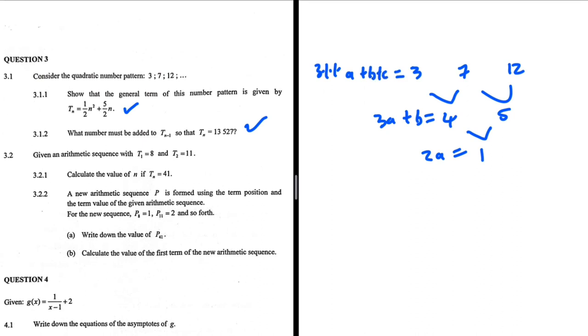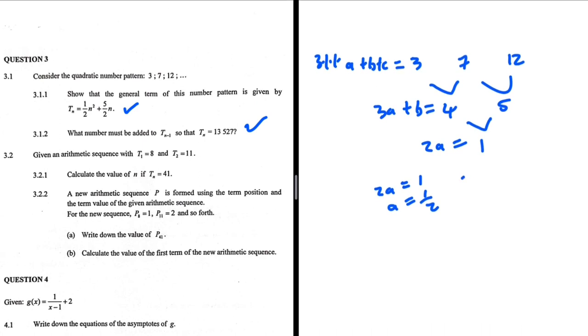This is not coming from nowhere. We have actually proved why this is the case. You can go ahead and watch a video of me proving why 2a is equal to the second common difference. But let's solve the question at hand. 2a is equal to 1, so a should be equal to a half, right?